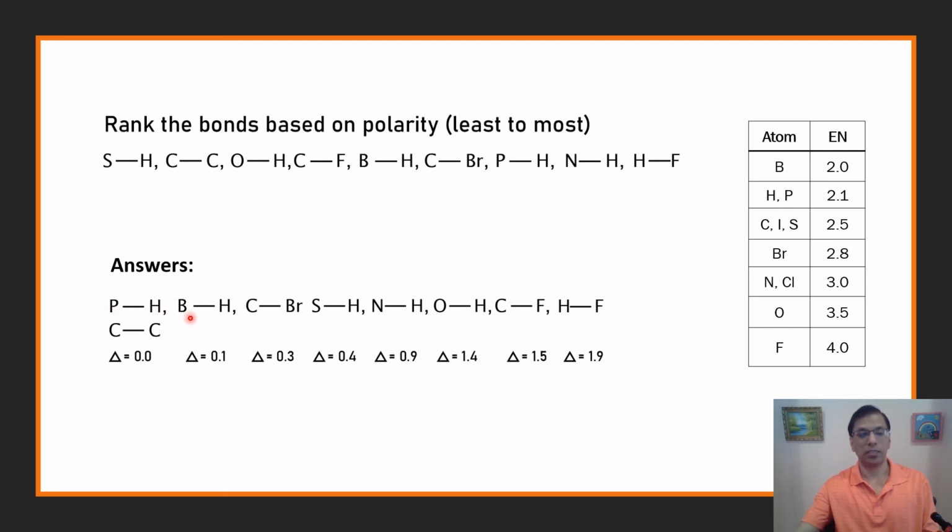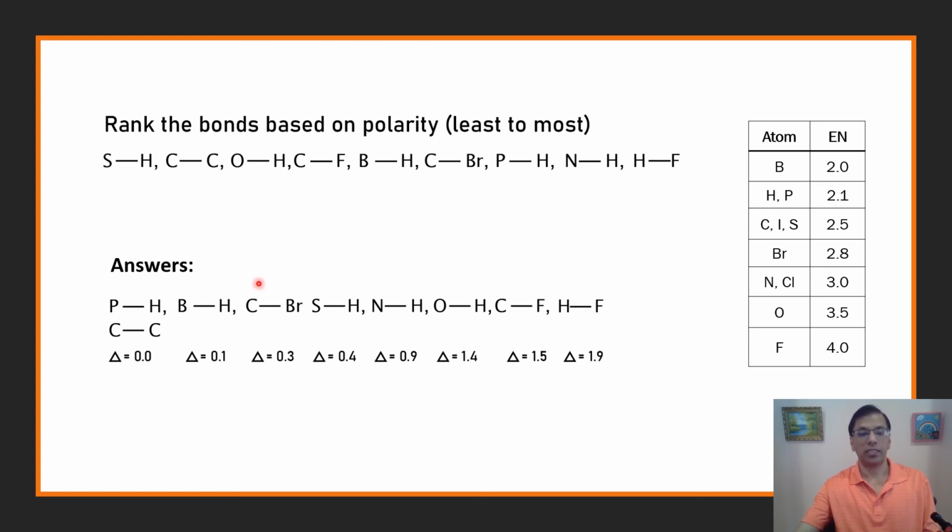Let's consider the BH bond. In this case, boron has an electronegativity number of 2.0. Hydrogen has an electronegativity number of 2.1. And so the difference is 0.1.